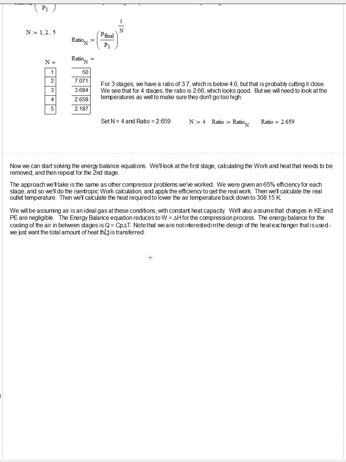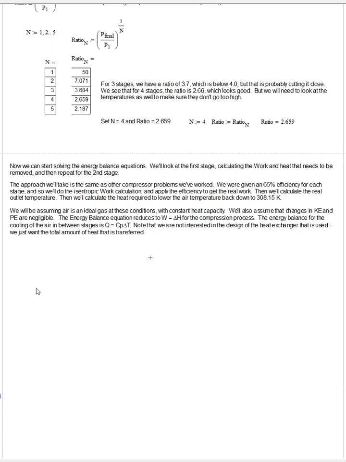Now, the energy balance for the cooling of the air is just Q is equal to Cp times delta T. And so whatever our outlet temperature is, remember our outlet temperature of our compressor will be pretty high. We want to cool that back down to 308. And so we will use the heat capacity of air, multiply that, and we'll get the cooling duty that is required.